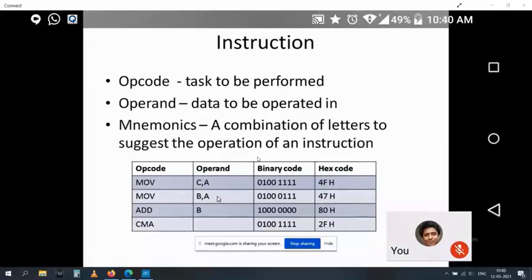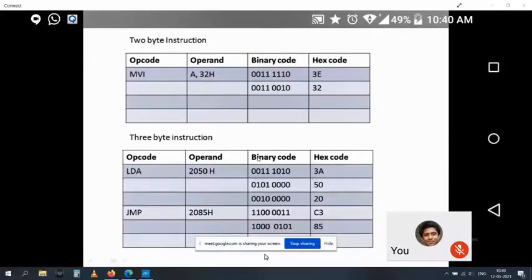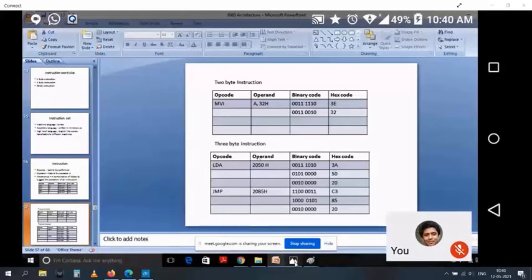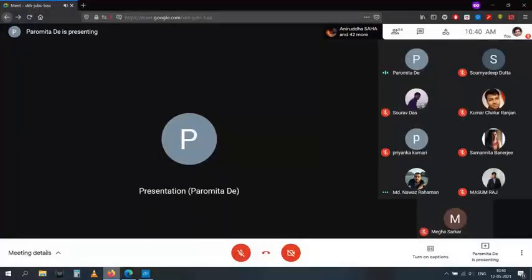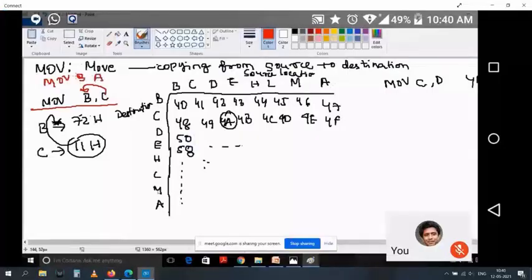No, I said in that slide, move B, C: move the contents of C into the register B. And move B, A means move the content of accumulator into B. Ma'am, does B contain both the value of B itself and C also? How will it contain? Any data is 8-bit data.